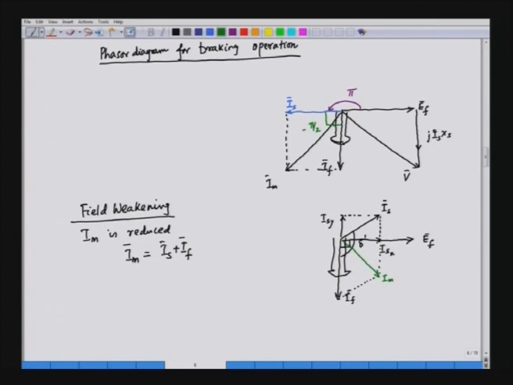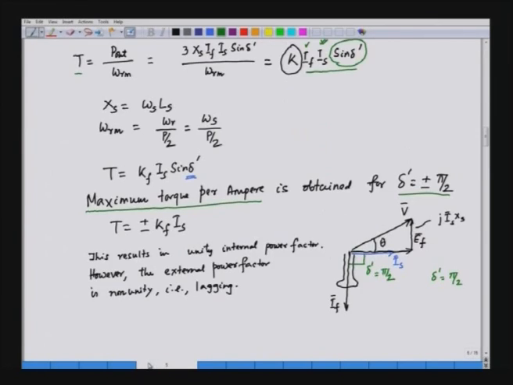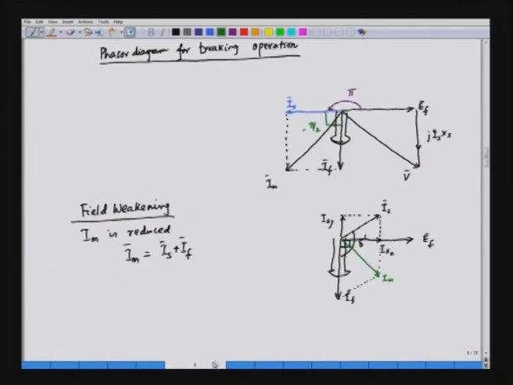In that case the torque will be negative, as you have already seen: T is equal to plus minus Kf into Is. So for delta prime minus pi by 2, T is equal to minus Kf into Is, and that is for the braking operation.